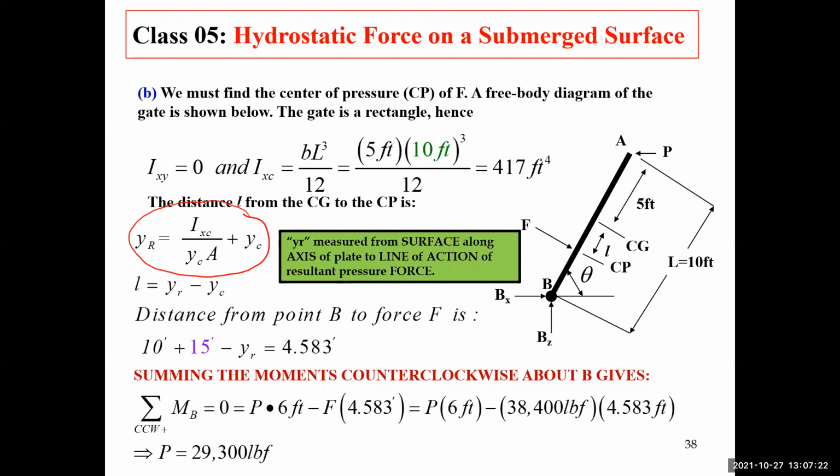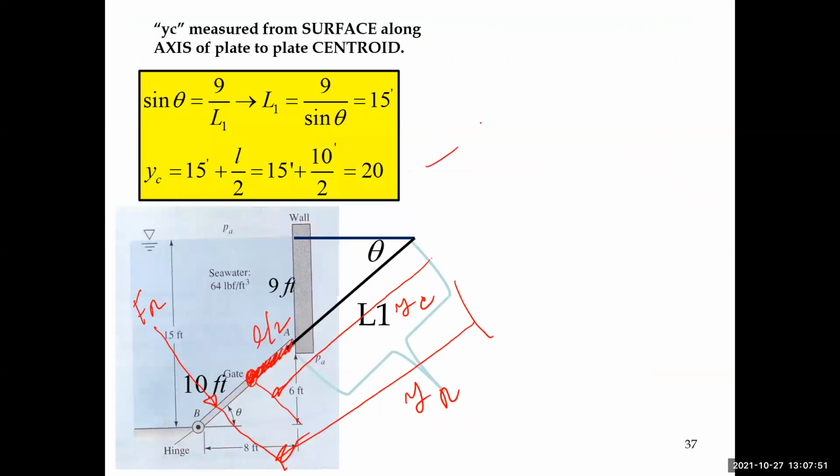F sub r. So let's find the value of I sub xc, which is b L cubed over 12. Of course, the base is always the depth into the board, which is 5 feet, L cubed over 12. So I sub xc is 417 feet to the 4th power. So I know the value of y sub c from the prior slide. Y sub c is equal to 20 feet.